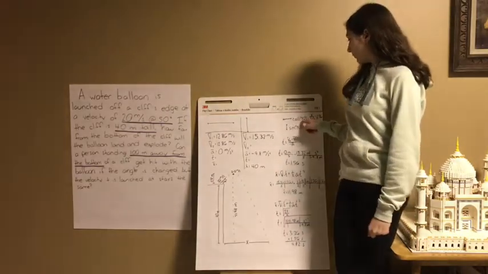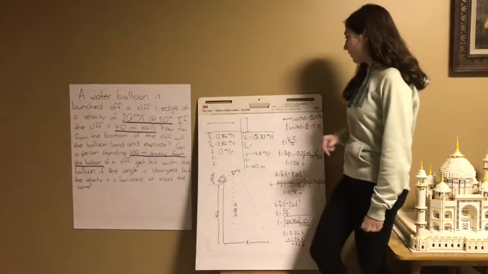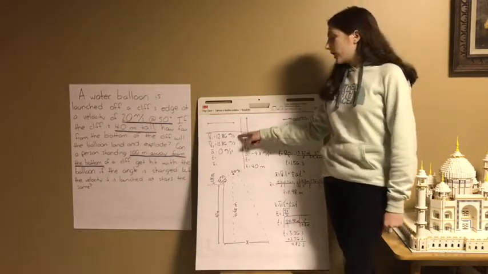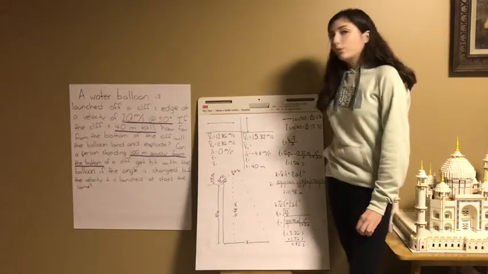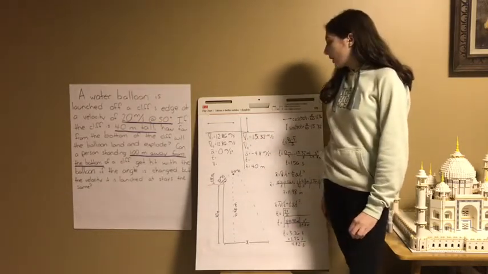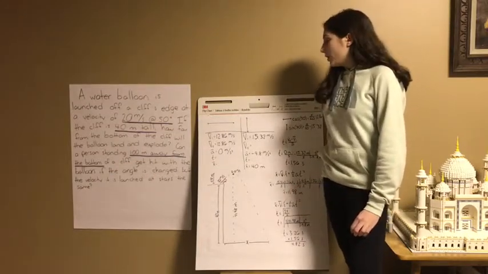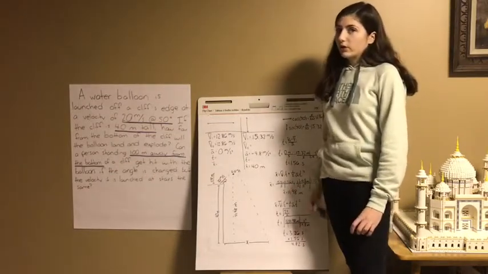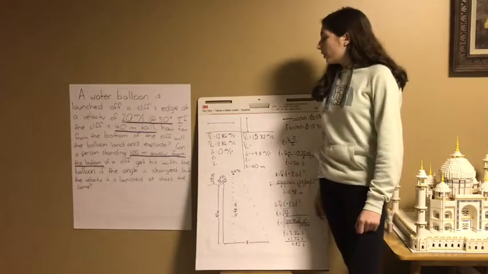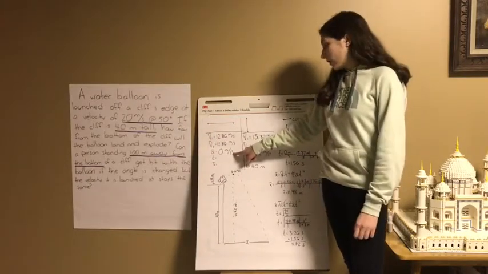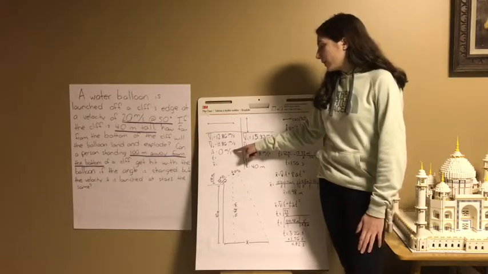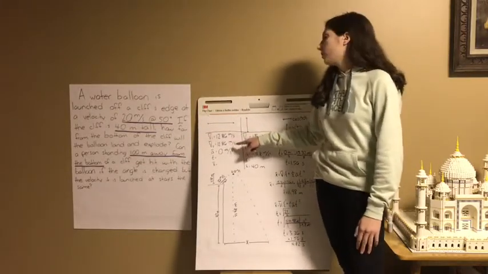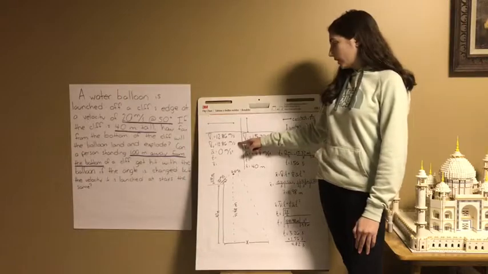Cosine of 50 equals x over 20, and we find that the initial horizontal velocity is 12.86 meters per second. Going off a cliff like this, the balloon is not going to accelerate, at least horizontally, so the acceleration is 0 meters per second squared. If there's no acceleration, the final velocity is still 12.86 meters per second.